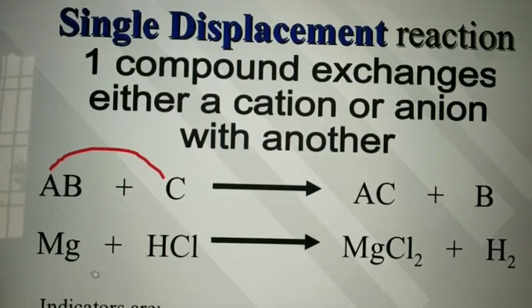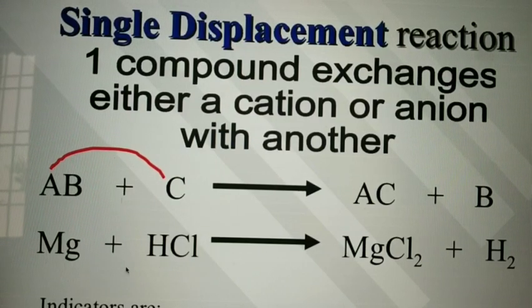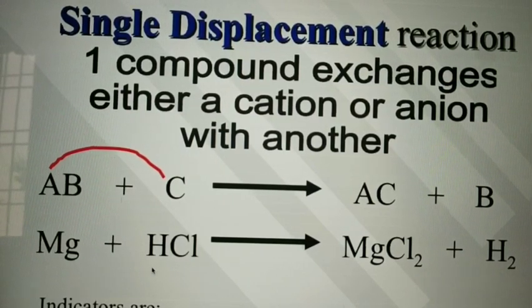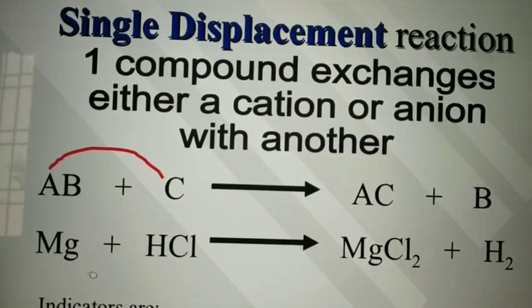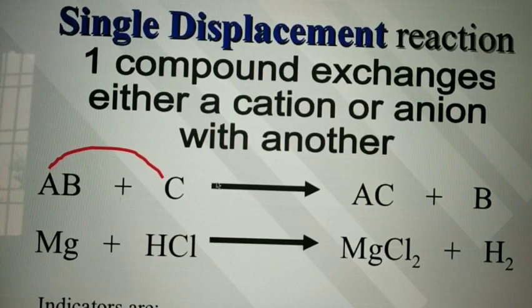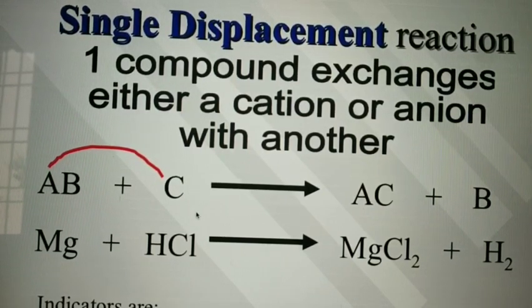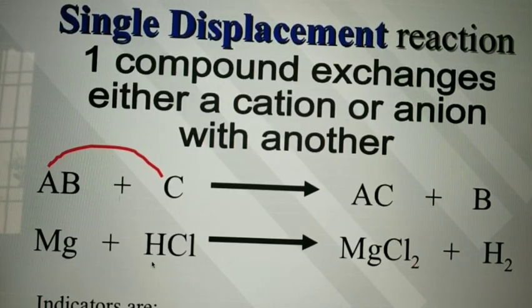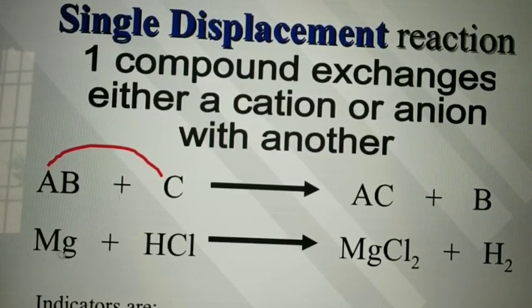Likewise, here you can see magnesium is more reactive than hydrogen. You can see the reactivity series. Magnesium is the fifth metal from top, and hydrogen is just below that. So magnesium is more reactive than hydrogen. So that is why magnesium replaced hydrogen from HCl.